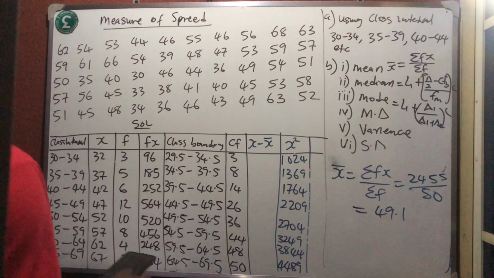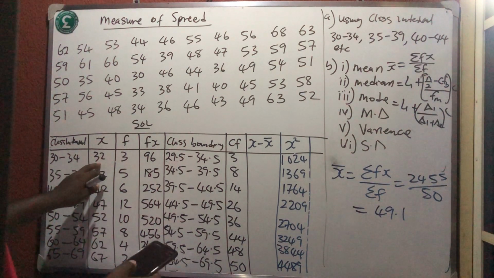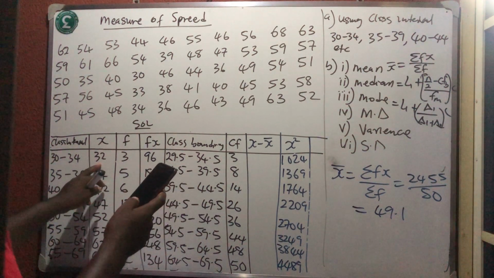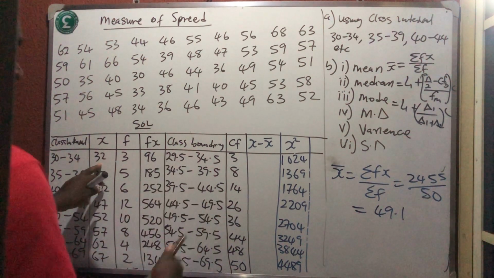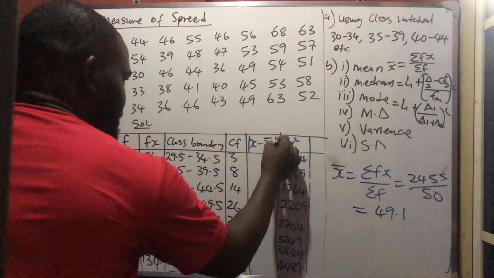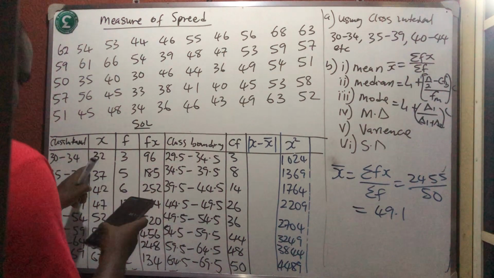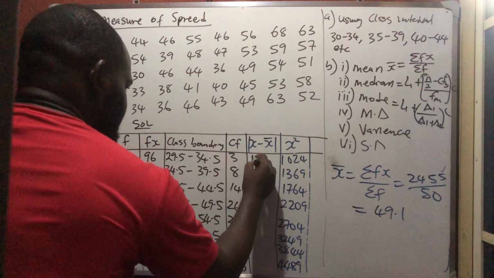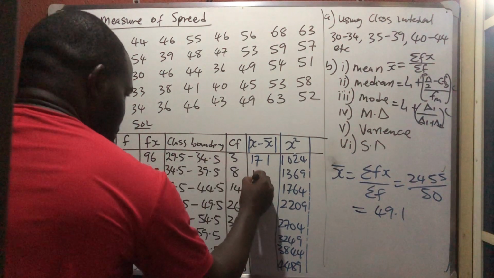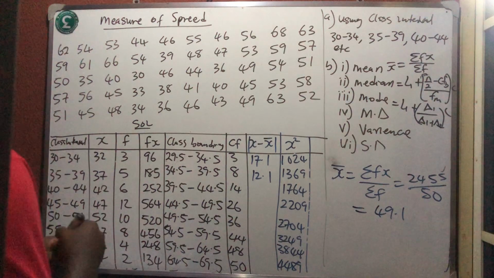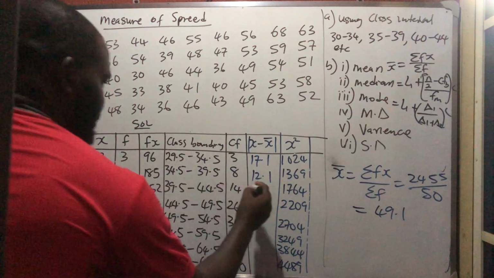So let's start subtracting. Each of them minus 49.1. I'm going to be taking my answer in positive because of the absolute value. So 49.1 minus 32, I'm having 17.1. Then 37: 12.1. Then 42: 7.1.